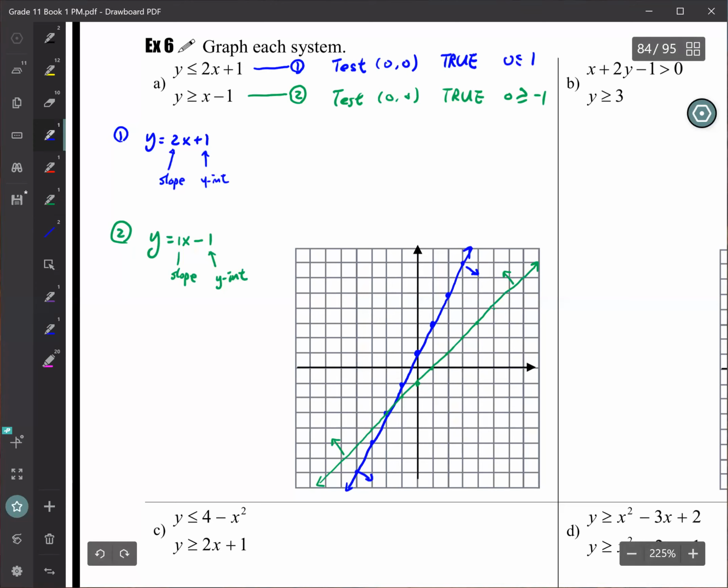So if I shade the blue one, let me try it, okay? So here is the blue, right? The green.